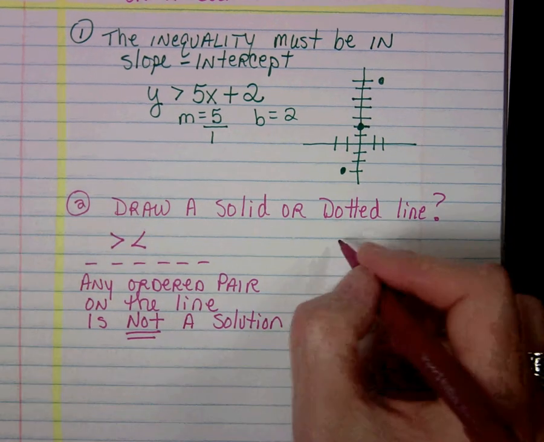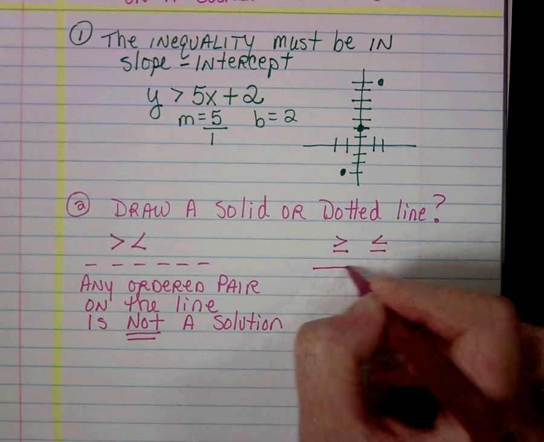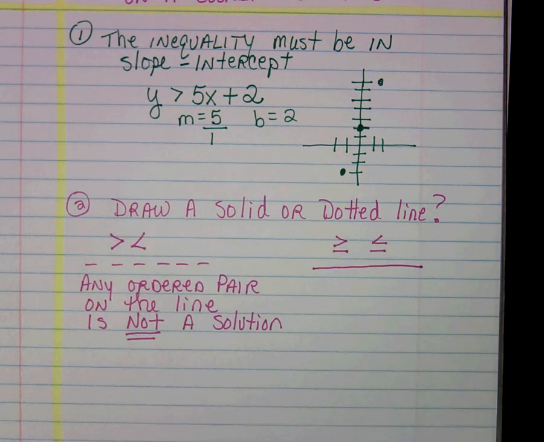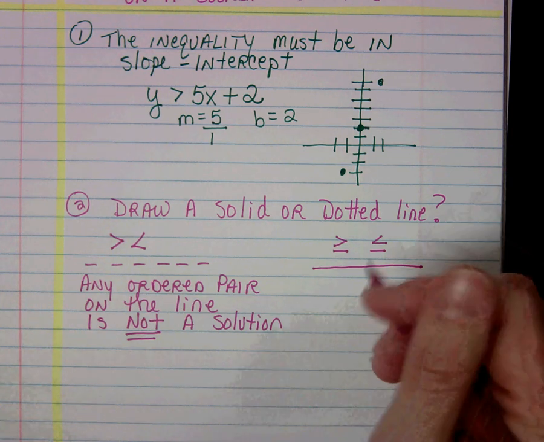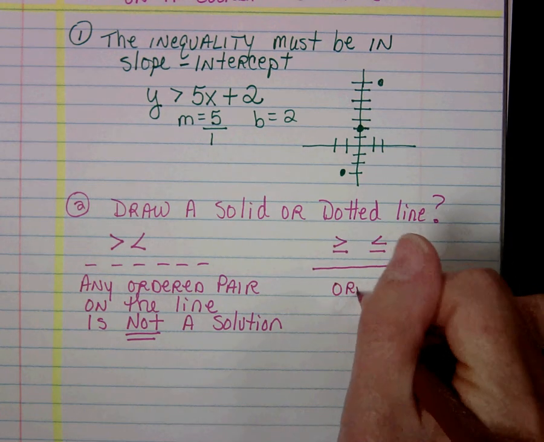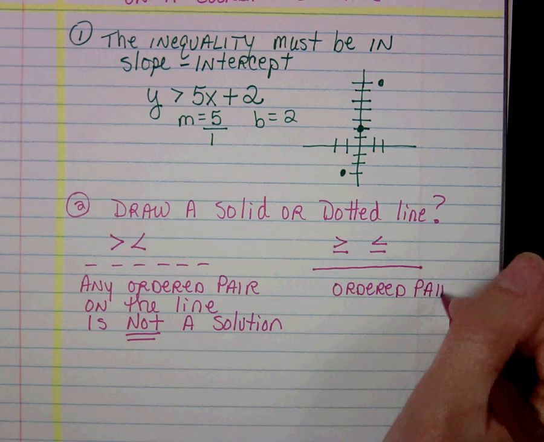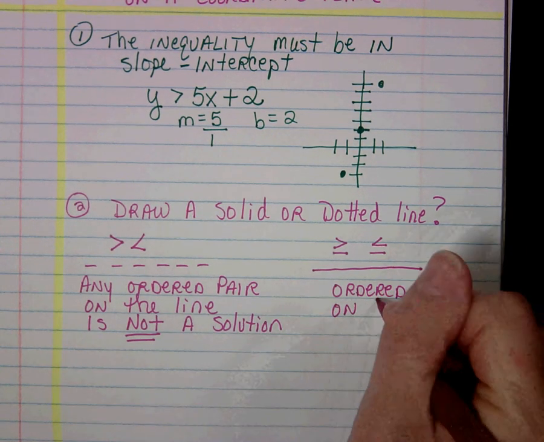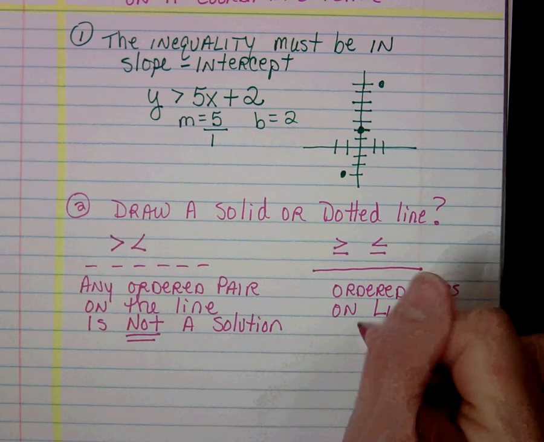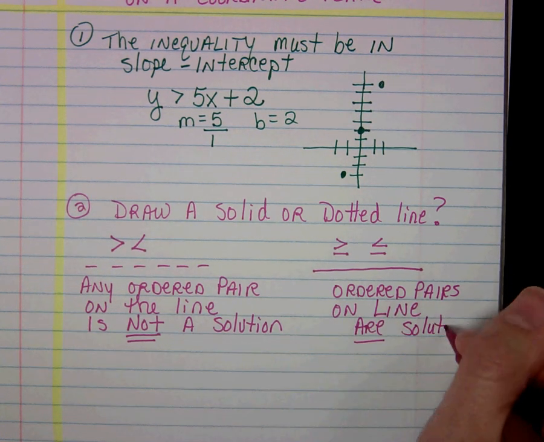And then if we have greater than or equal to or less than or equal to, then we're going to put a solid line, just like when we do it on a number line, we put a closed circle. It's the same relevance. And just like on a number line, in this case, the ordered pairs on the line are solutions to the inequality.